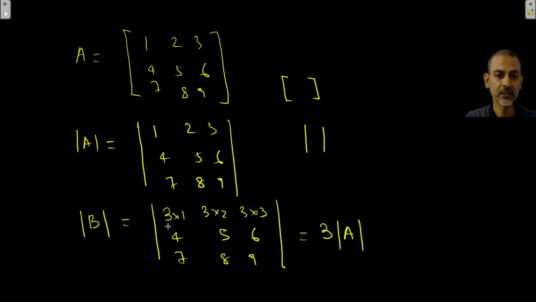So what happens here is that along a row or along a column, whatever common factor you have, you take it out. In matrices it had to be in all the rows and columns. Here it is only along one of the rows or one of the columns, and you will be able to take that out, alright. So in this case, this determinant B would be equal to 3 times the determinant of A, right? So this is another thing which we have to keep in mind while we are calculating the values of determinants, alright.